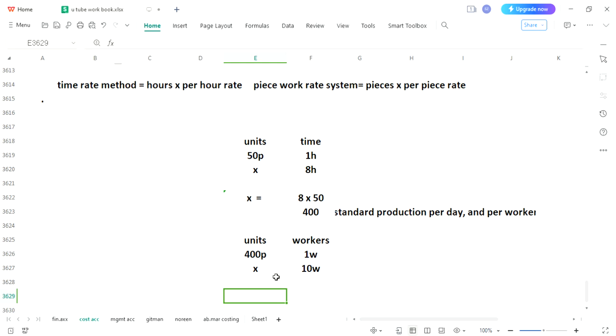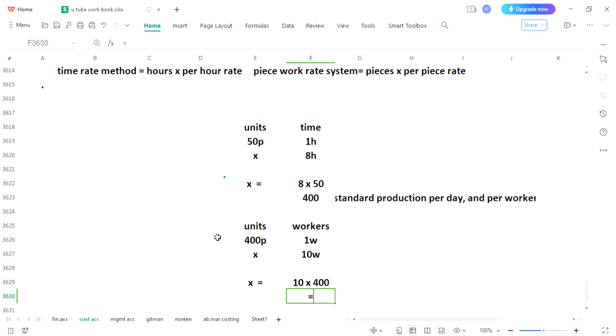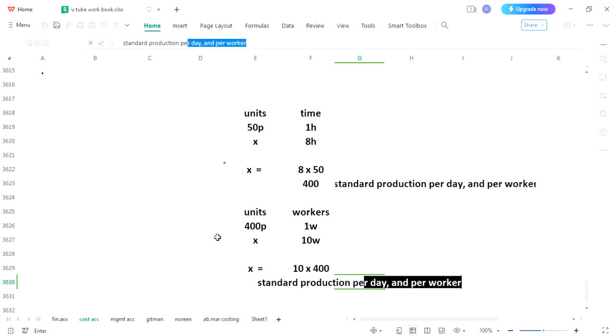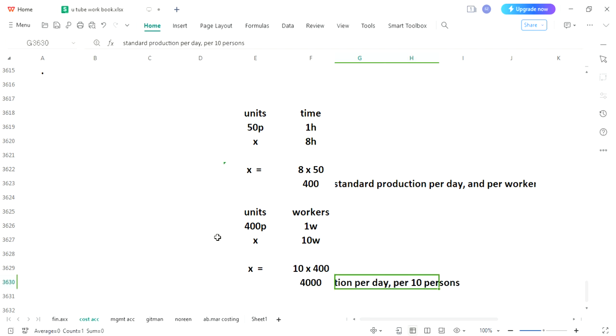X multiplied with 1 gives X. Opposite side, 10 is multiplied with 400. This is our standard production per day, but for 10 persons. That means it is total standard production. Since standard has been set, we can now focus upon our question.